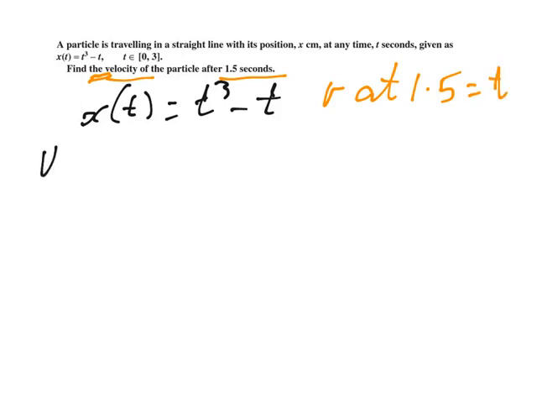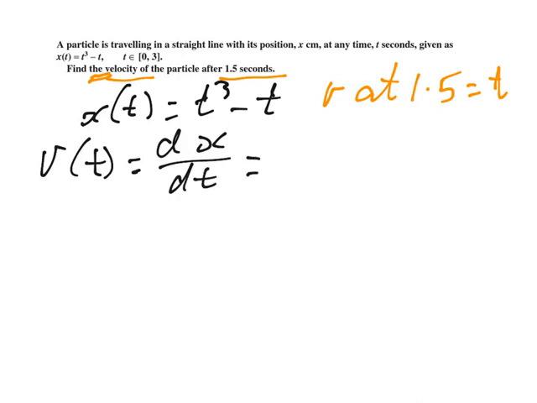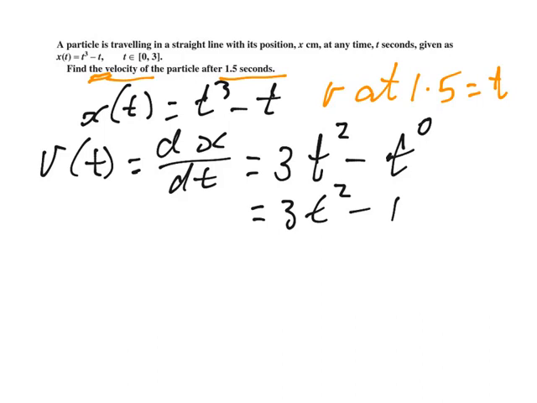Alright, so remember instantaneous velocity is the derivative dx dt. Bring our power down, reduce it by 1. Bring our power down, reduce it by 1. Anything to the 0 is 1.